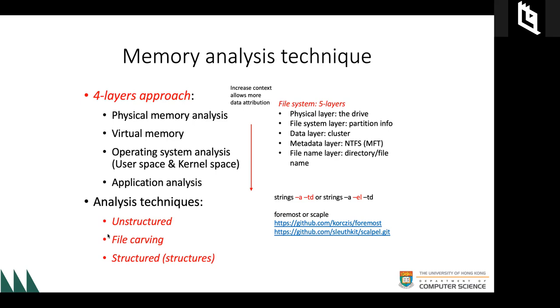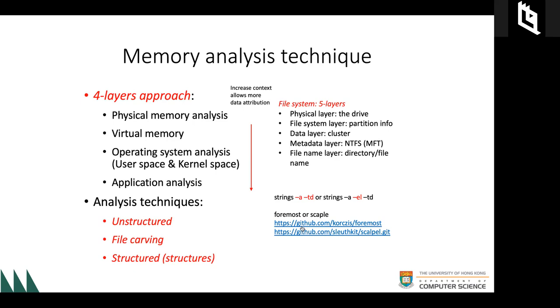So data carving is based on the magic characters and the expected size. For this forensic work, we can use tools called Scalpel and Foremost, which can be downloaded from GitHub.